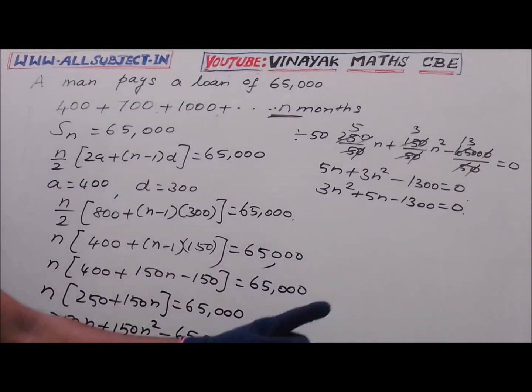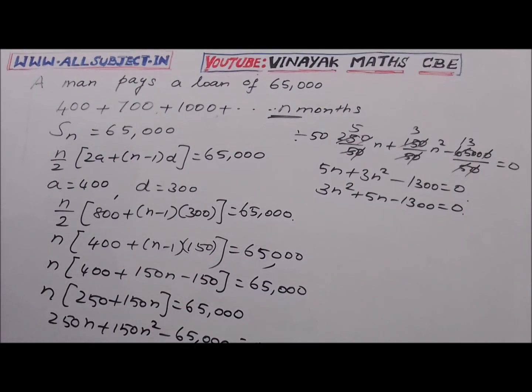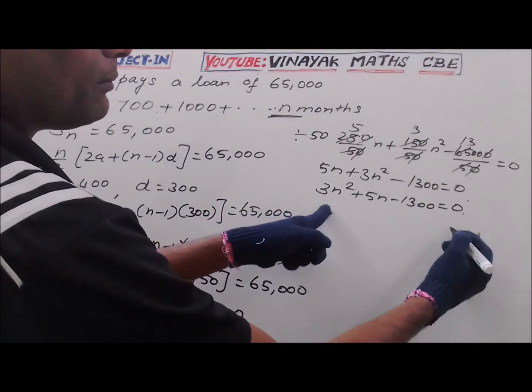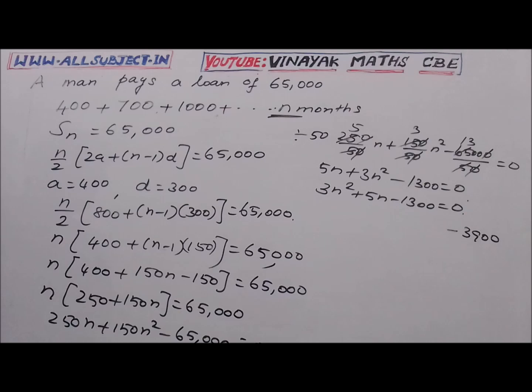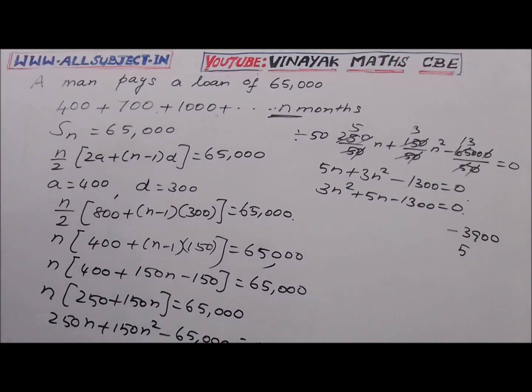We should factor it. After factoring we will get the value of n. When we multiply 3 and 1300, it should be minus 3,900. When we add those numbers, the sum will be equal to 5. So we should find these typical numbers.